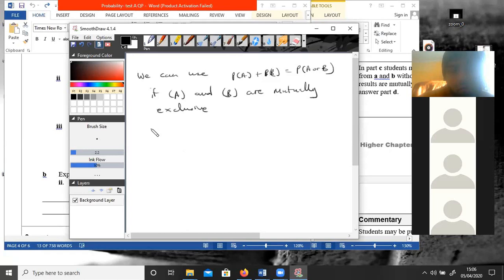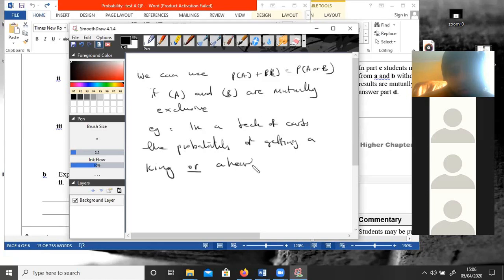So, for example, in a deck of cards, the probability of getting a king or a heart are not mutually exclusive.